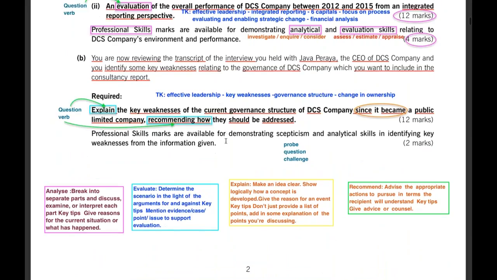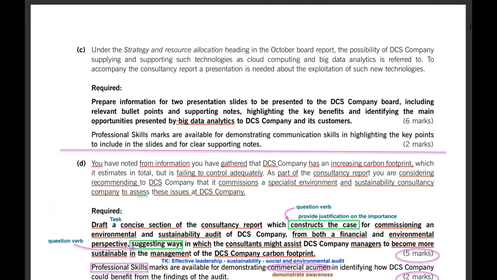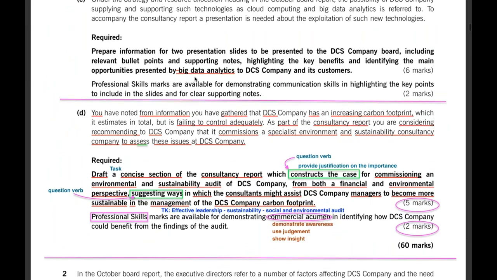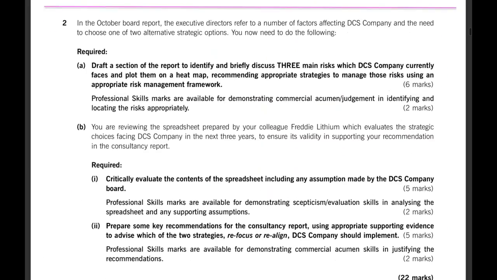Question 1, we were done with yesterday. So we have not covered this. And then what about this part here?